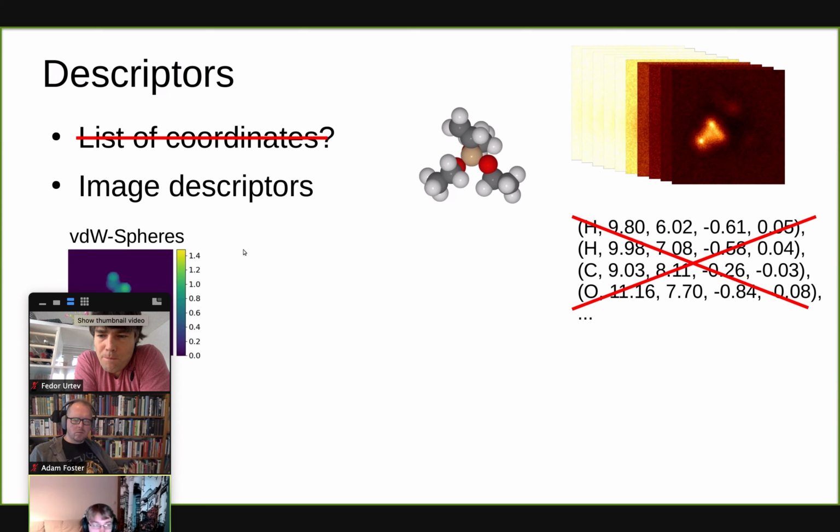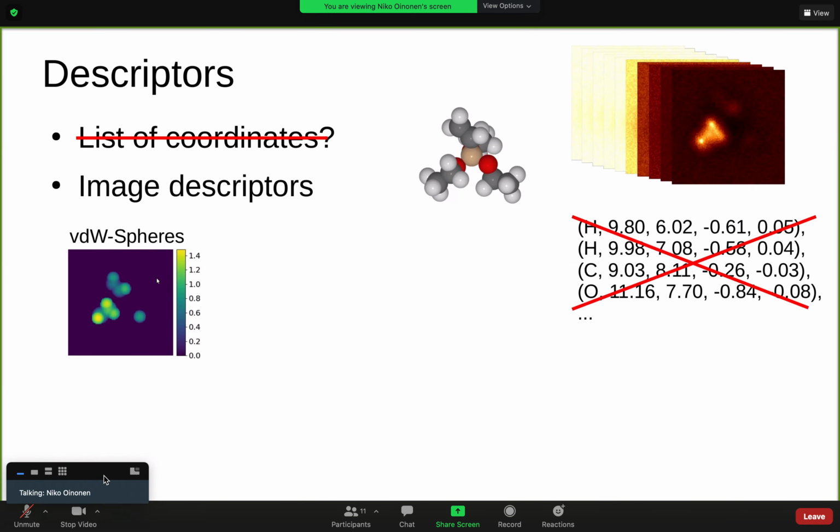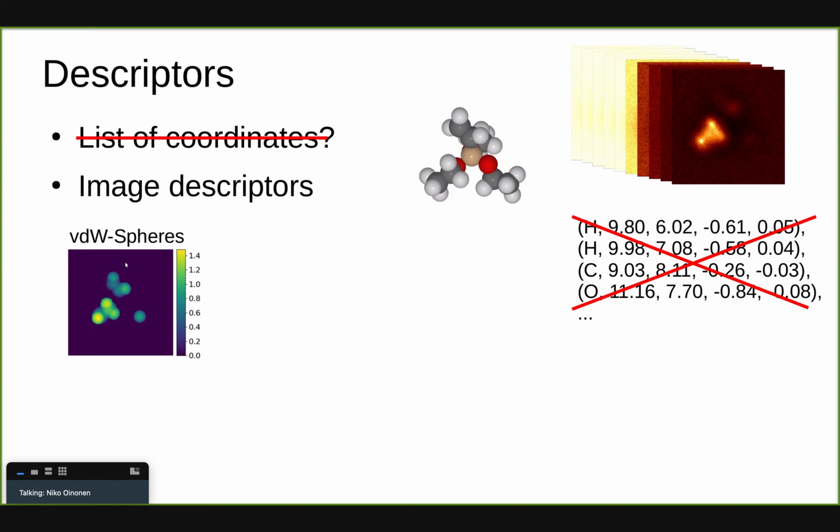First one is what we call the van der Waals spheres, where each atom in the molecule is represented by a sphere, which is proportional to the van der Waals radius of the element of the atom. So that then you have this projection where the brightness indicates how close the atom is in the image. So this is a quite intuitive descriptor of the molecular geometry.